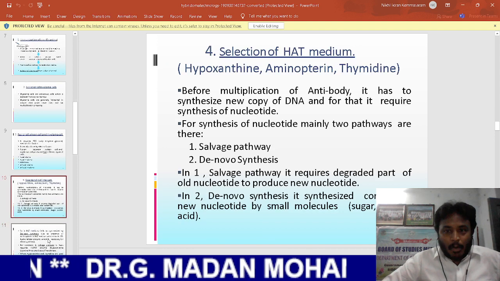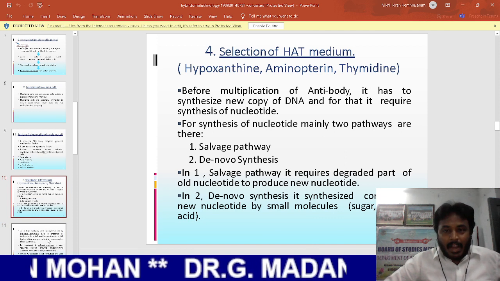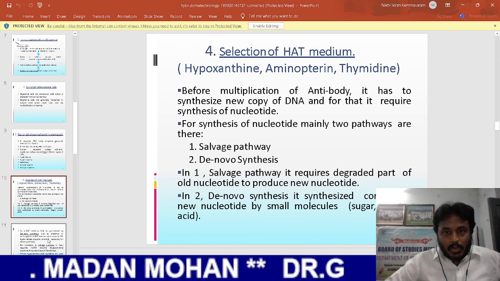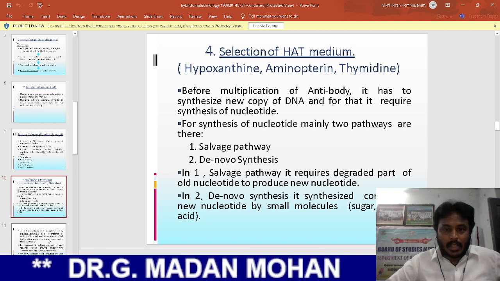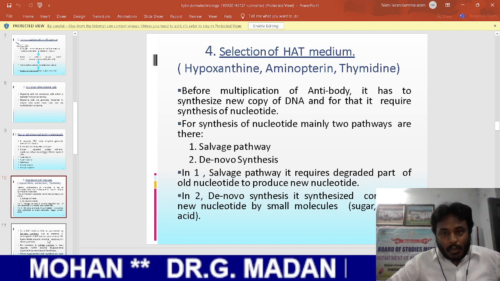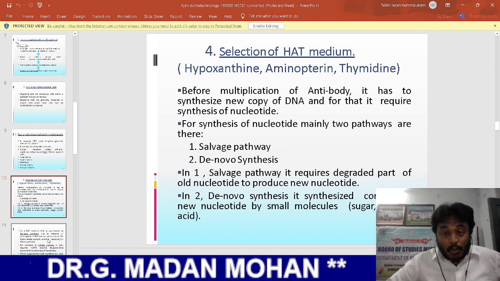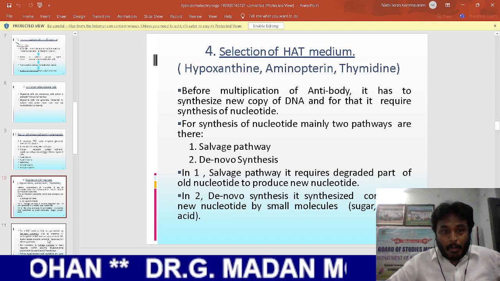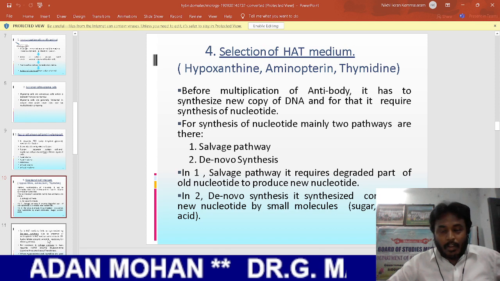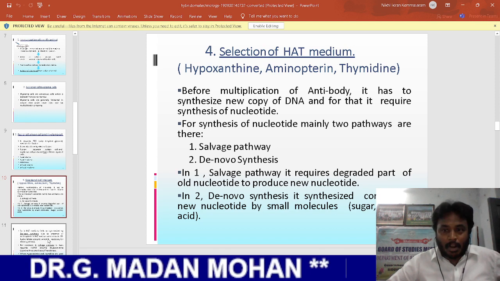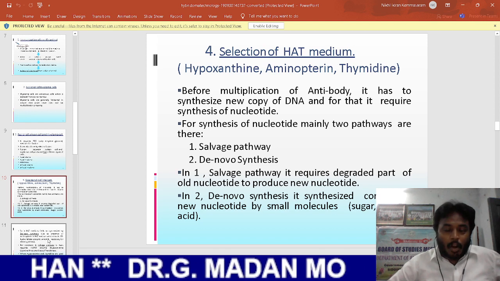comes the selection of hybridoma cells. When we take B lymphocytes and myeloma cells and fuse them, we get different types of cells. A B lymphocyte may fuse with a B lymphocyte, a myeloma cell may fuse with a myeloma cell, a B lymphocyte may fuse with a myeloma cell to form a hybridoma cell, and there are unfused B lymphocytes and unfused myeloma cells. So we get 5 combinations of cells.